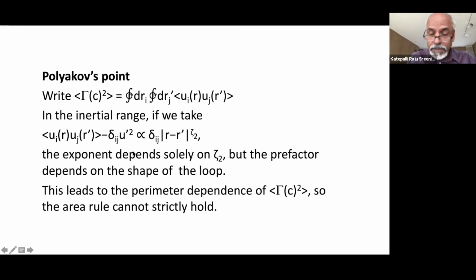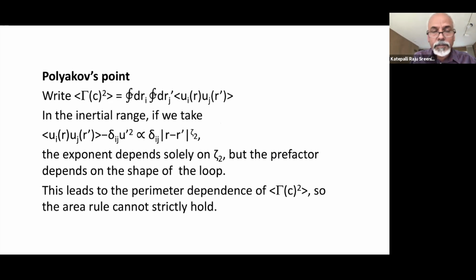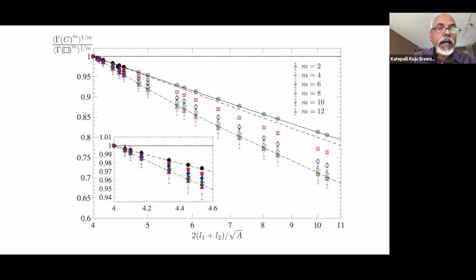Now, of course, Sasha Migdal has gone back and forth on this a little bit, but now we understand from many things what I'm going to say, which is that if I restrict myself to the inertial range, which is what we should be concerned about, and compute the second order moment, say one half of that, for loops of different aspect ratio and normalize it by the same quantity for a square of the same area.